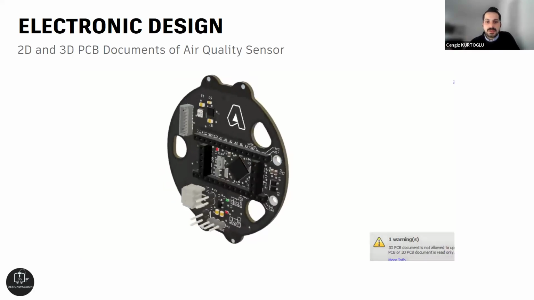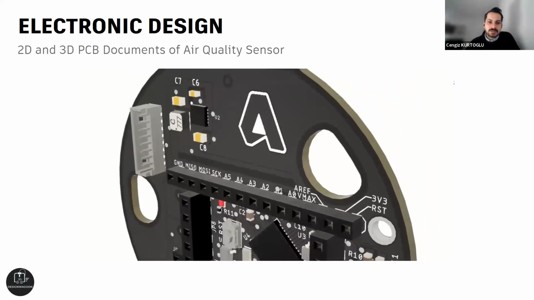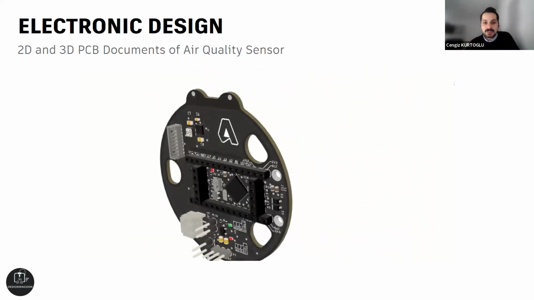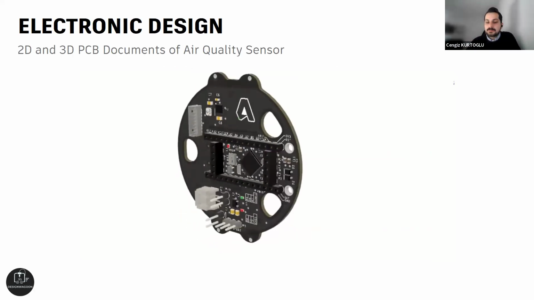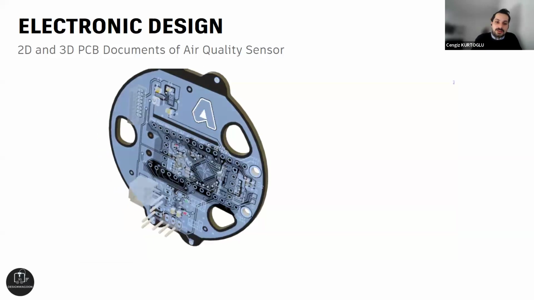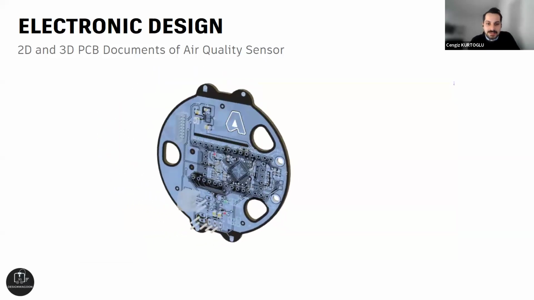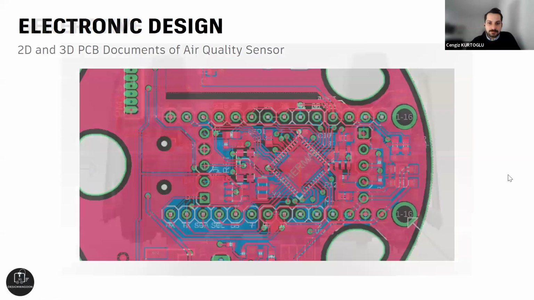It's because there is a library for all these components, and it automatically creates the 3D PCB. Then the mechanical design team can use this PCB design directly for our projects.